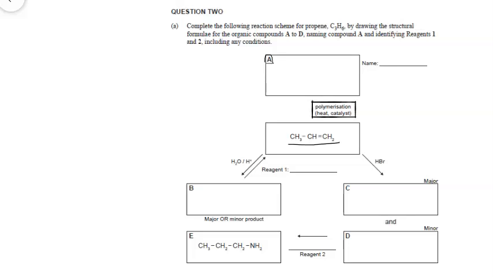The easiest way to work out the products of a polymerization reaction is to change the way that we draw the structure. So instead of drawing it like that, we can draw the monomer showing the centering around the double bond, and then we just show as groups coming off each carbon what the atoms or the groups are.